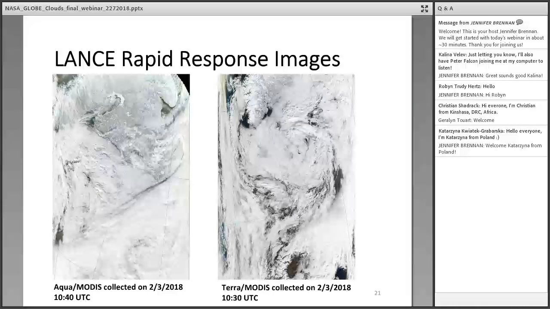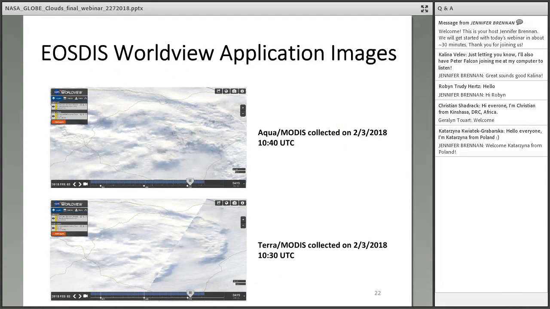Their location is in the center of the observation, so they can look and see what the satellite is seeing while it passes over their location. This is an example of the Worldview application that shows images of what the satellite sees as it passes over their location also. So we provide the observer with a lot of different satellite data so that they get feedback to see what the satellite is seeing compared to what they see on the ground.